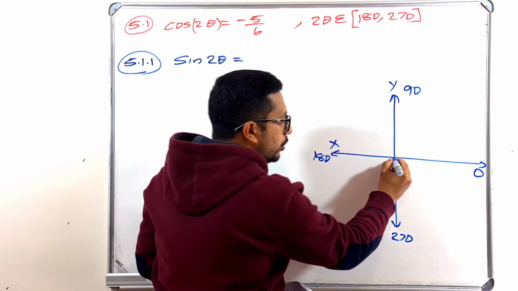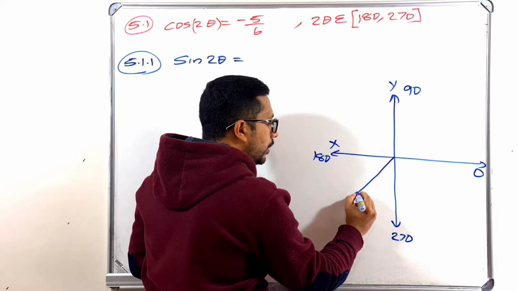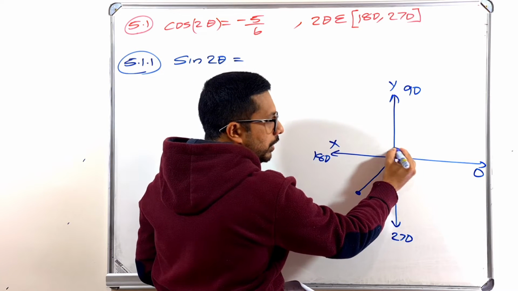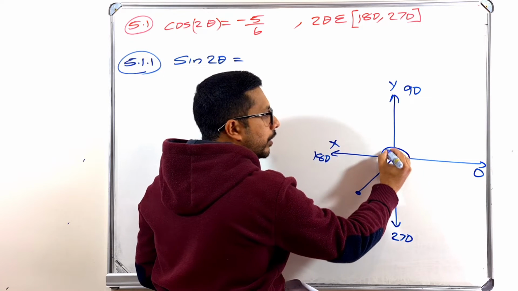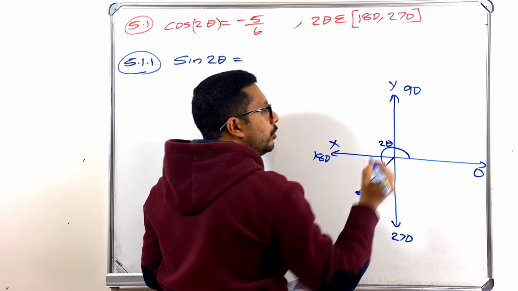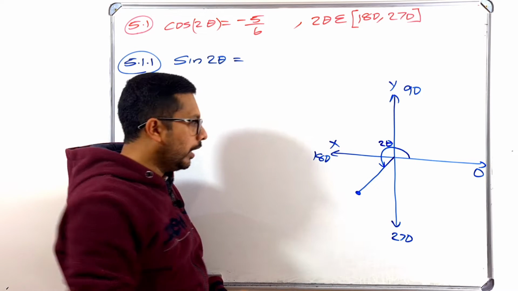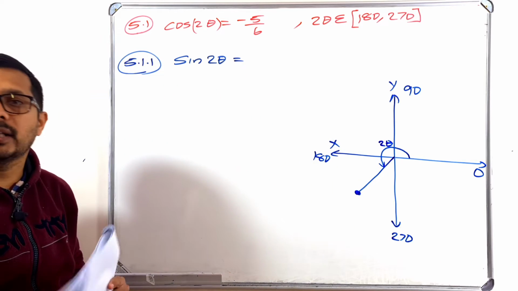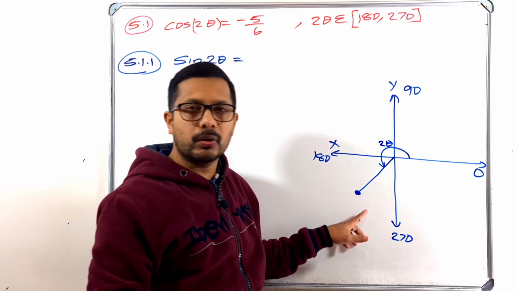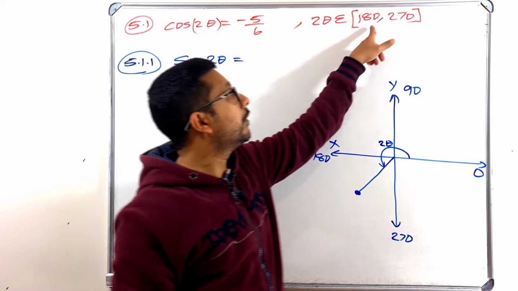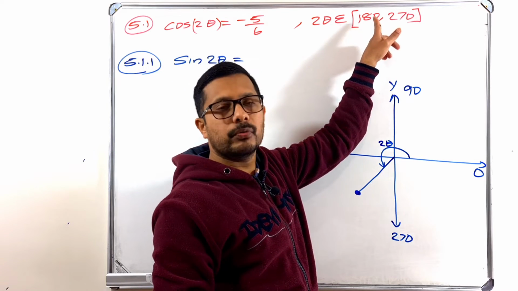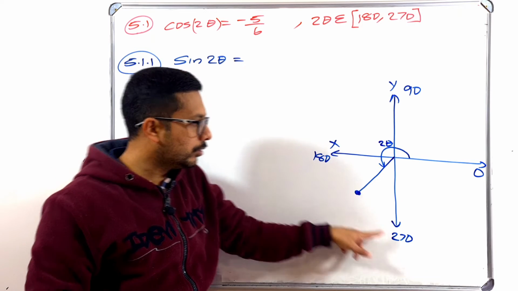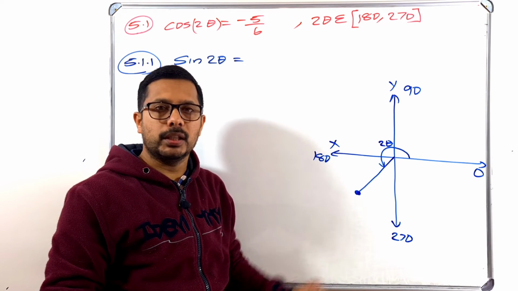So our point is somewhere here, and this angle from the positive x-axis is 2 theta. Here is our point in the third quadrant, because it is given that 2 theta is an element of 180 to 270.